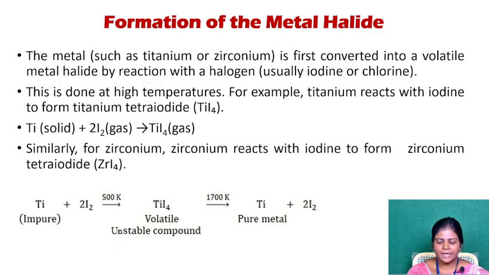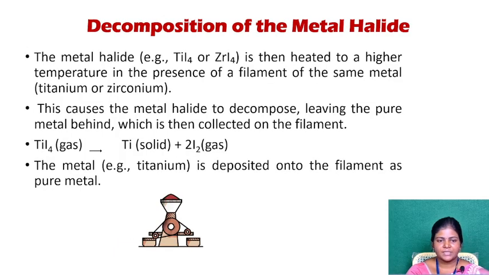So a metal halide is formed in the first step. Then the next step is the decomposition of the metal halide. The metal halide is heated to a high temperature in the presence of a filament of the same metal. This causes the metal halide to decompose, leaving the pure metal behind, which is collected on the filament. In this way we get the pure form of the metal.